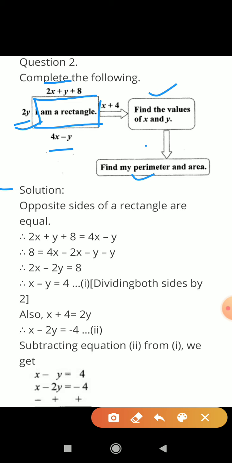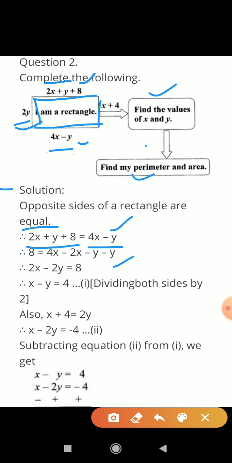So take these two sides first. So 2x plus y plus 8 should be equal to 4x minus y. So by solving this we get here this 8 as it is, and this 2x and y transfer to the right side. So 8 equals 4x as it is, this 2x becomes minus on the right side, then minus y as it is, and this plus y becomes minus y.